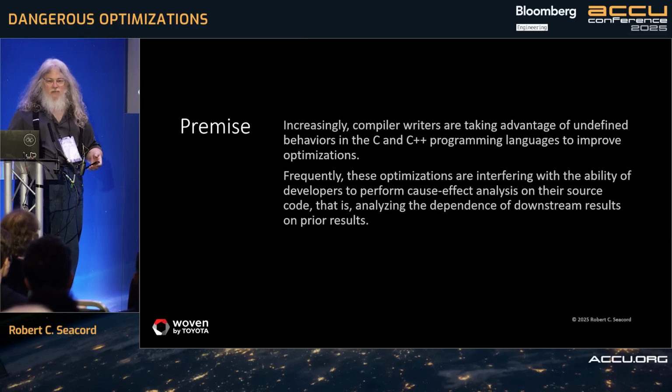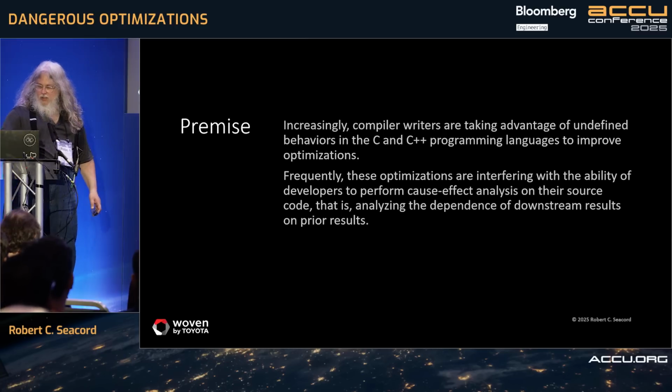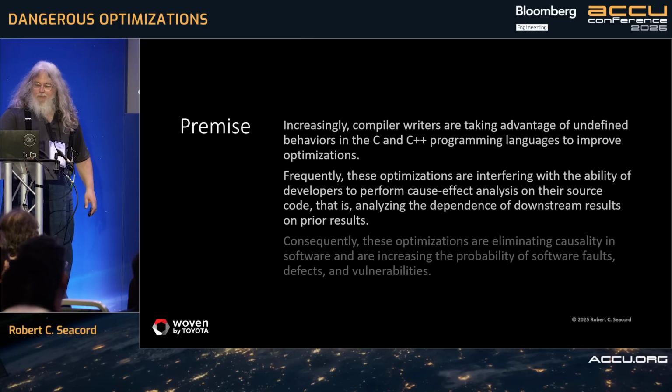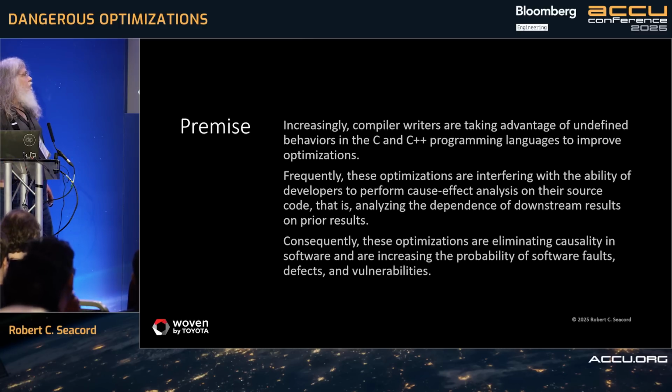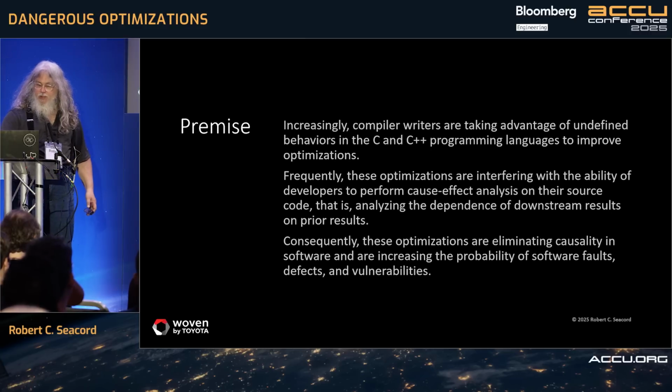And some might deal with it one way and some might deal with it another. It's uncommon to have an analyzer that's very specifically targeted to a given implementation and understands how that implementation treats UB. For that, you're better off with the compiler diagnostics. So these optimizations can eliminate causality in software, increasing the probability of faults, defects, and vulnerabilities.